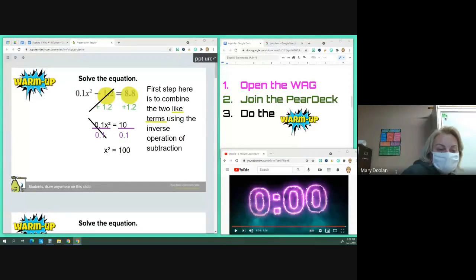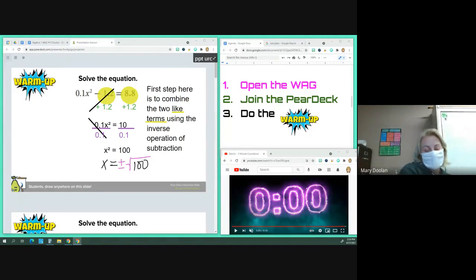And so if I take the square root of both sides, I have to rewrite this equation as x equals. This is where that positive, negative square root of 100 comes in.